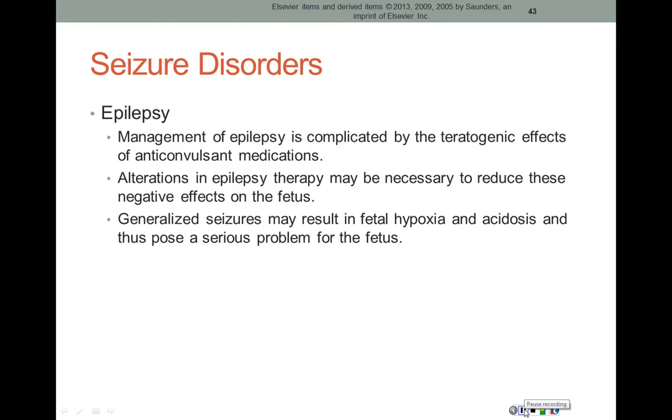Okay, seizure disorders, epilepsy. Of course, we must continue to manage mom's epilepsy while she's pregnant. We can't just take her off of her medications. But a lot of anticonvulsants will harm the fetus.